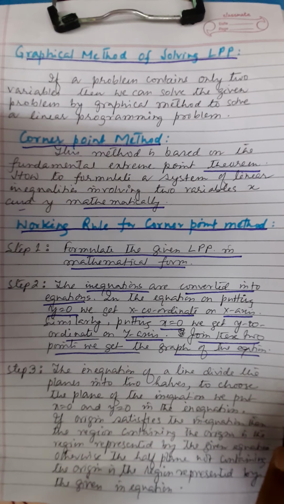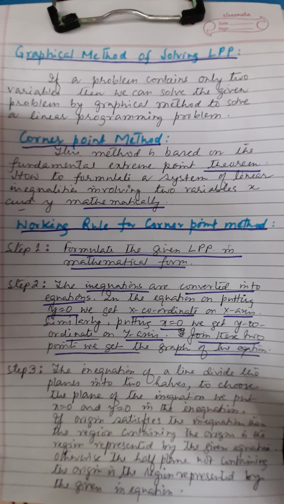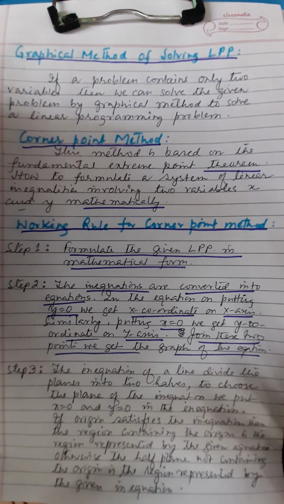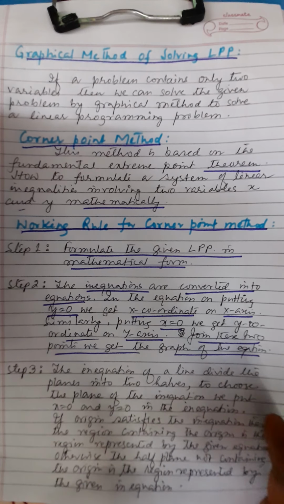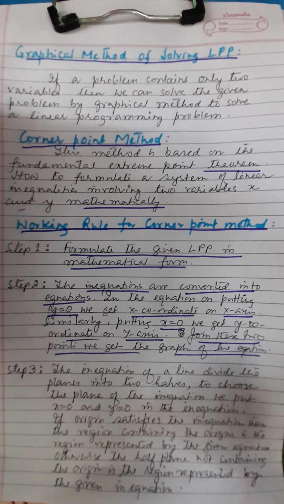Now see, we have already learned to draw the graph of a linear equation in two variables from class 9 onwards. We have to do the same process. So whatever inequations are given, to draw their graph, first we have to express each inequation as a linear equation in two variables, and then draw the graph of those linear equations.